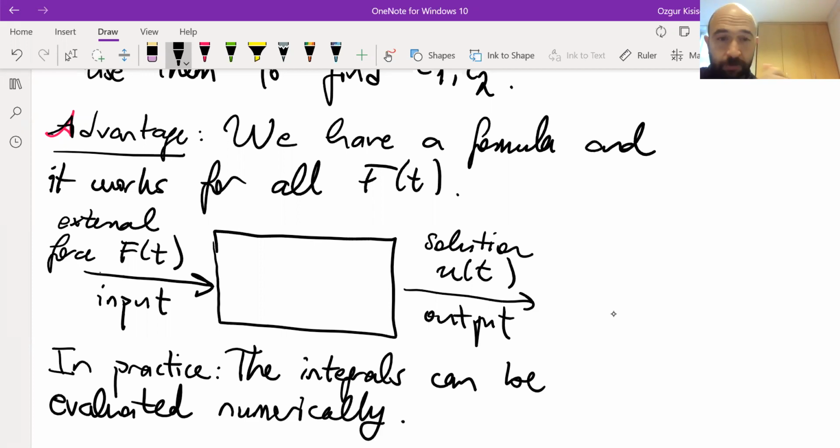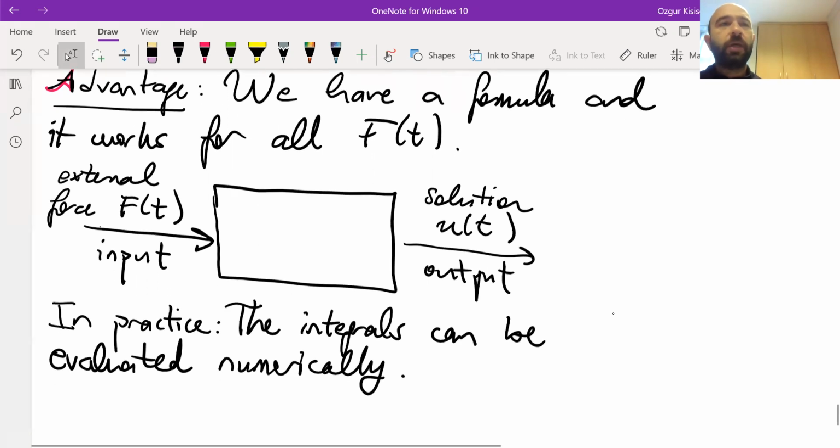So then you would have a very practical way of computing u(t) in terms of f(t). If you have the function f(t) as a graph or a table or in some numerical format, you can compute your output u(t) in the same format by doing numerical integration. And this is more or less what is done in practice.